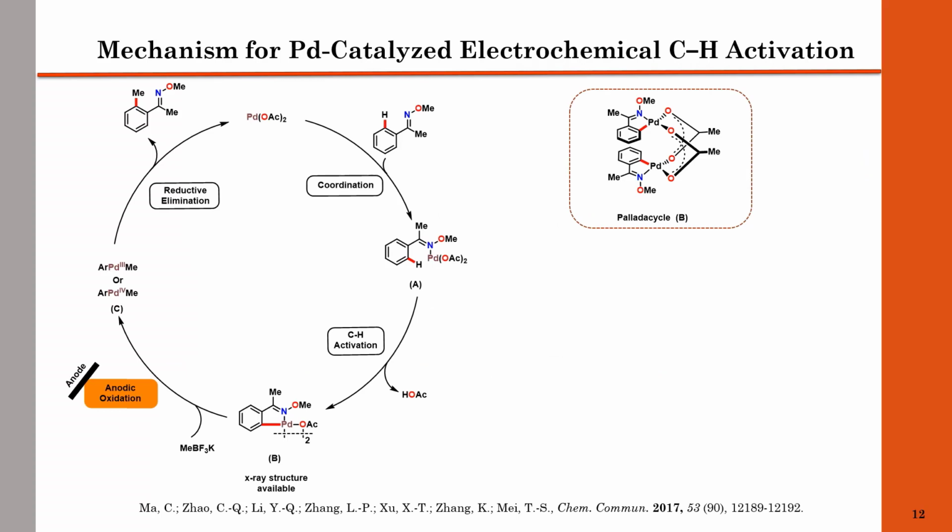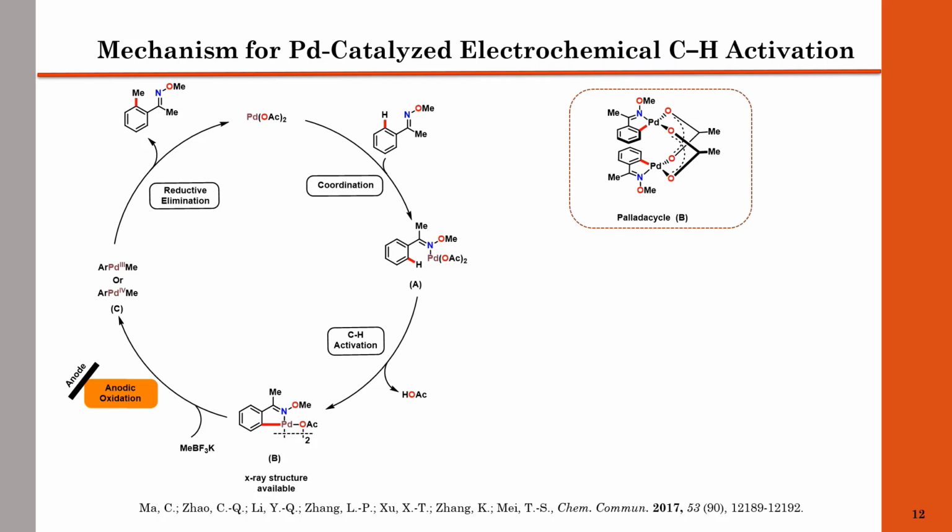With that, I would like to discuss the mechanism for this CH functionalization. You can see palladium is our active catalyst, and then the substrate comes in and coordinates with the catalyst, and the next step is CH activation.